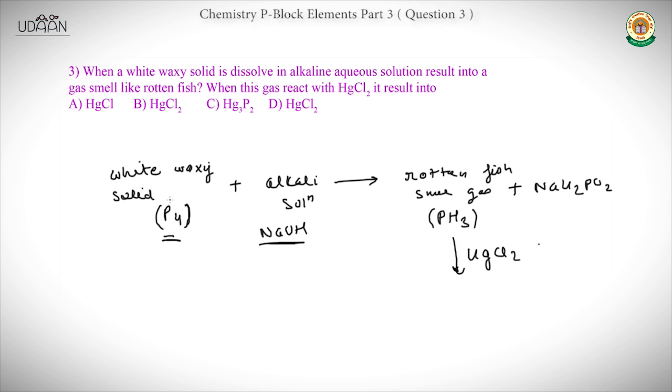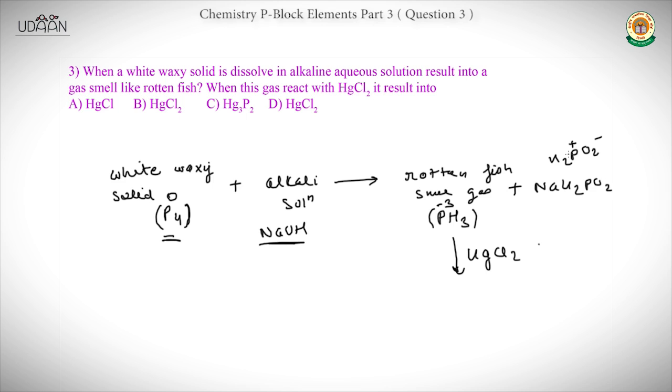Here P4 phosphorus is in the zero oxidation state, and here it is going to -3, and here it is going to Na+ H2PO2-, so phosphorus +1. So it is reduced, 0 going to -3, and it is oxidized, 0 going to +1. That's why it's called a disproportionation reaction.